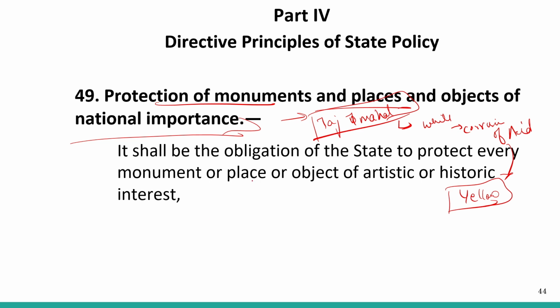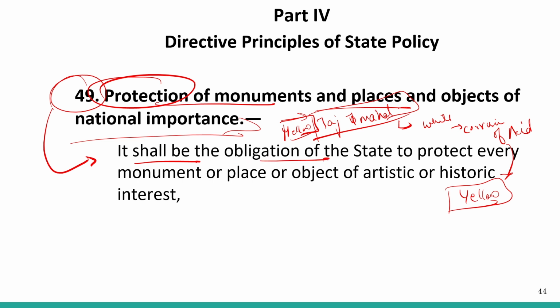Whenever this rain hits the Taj Mahal, there is a chemical reaction because of which the Taj Mahal is getting a yellow color, which was earlier not present. So in order to protect these types of monuments, Article 49 gives a directive to the state that it shall be the obligation of the state to protect every monument or place or object of artistic or historic interest.